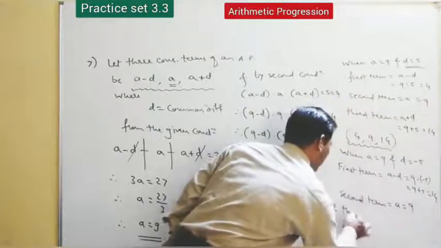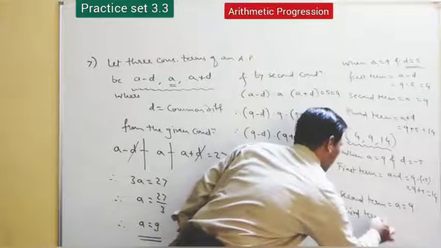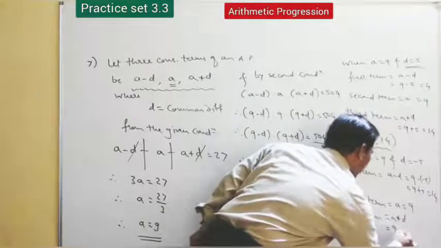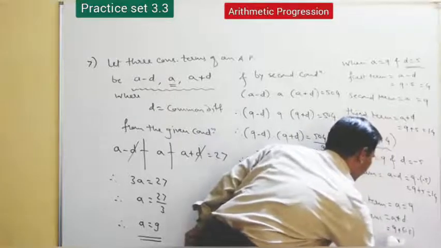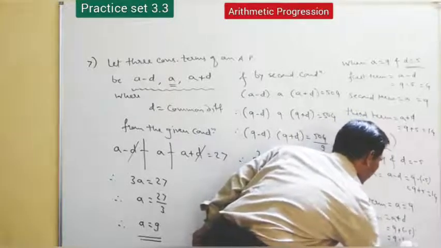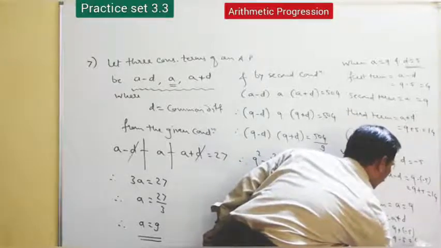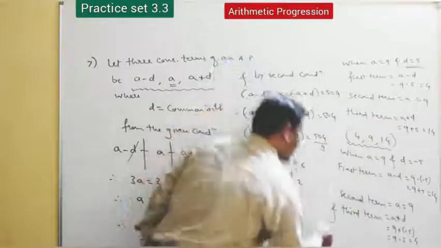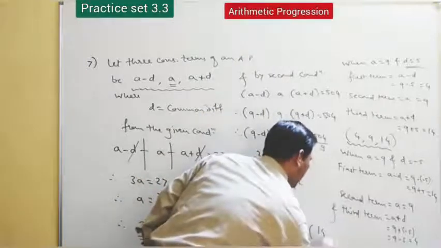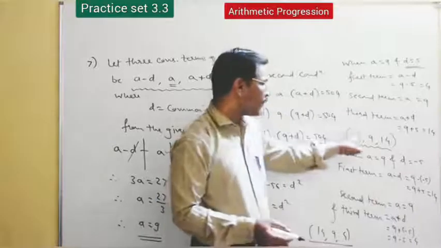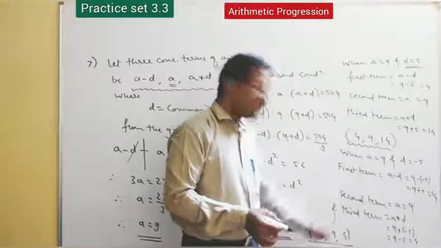And the third term is a plus b, meaning 9 plus minus 5, so 9 minus 5, that is only 4. So the terms are 14, 9 and 4. Either they are 4, 9, 14 or 14, 9, 4.